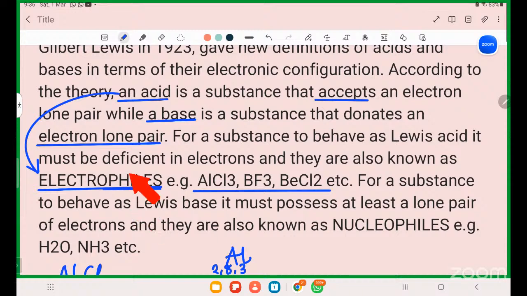Now I said Lewis acids are electrophiles, meaning they are electron lovers. That's why they accept.